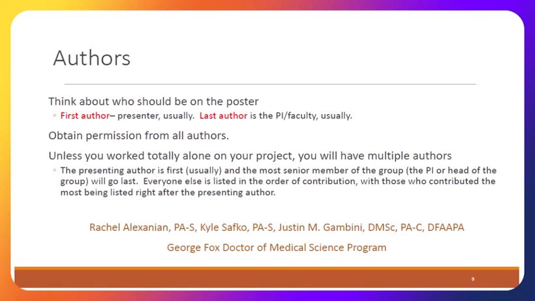The last author is usually the chair, but everybody that's been involved in your committee should be listed. Make sure each author gives a final thumbs up. So that's what I'm suggesting there as the obtain permission from all authors. There's an example there at the bottom of how you could lay out the names.